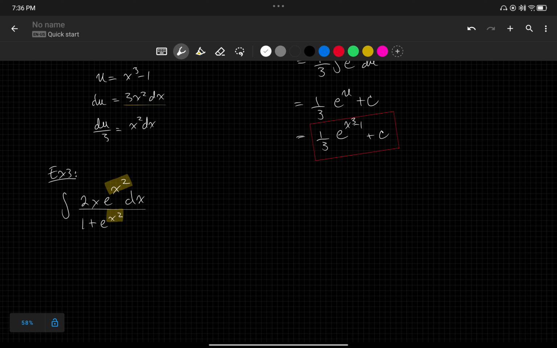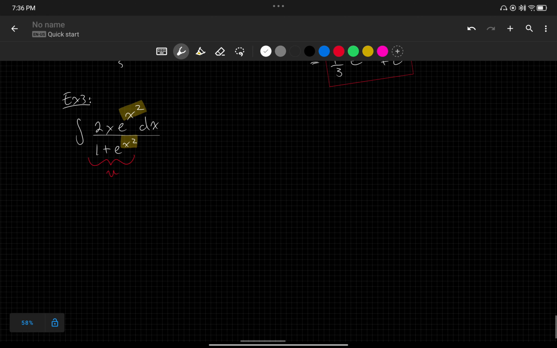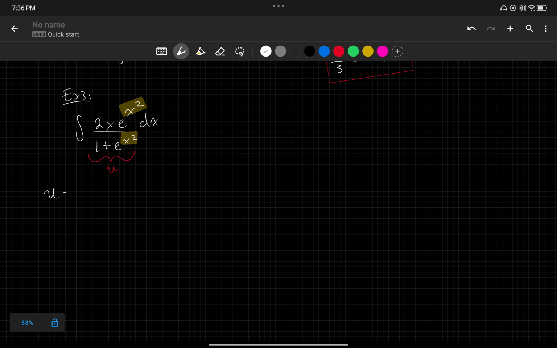So in other words, the whole thing will be all of that as u. And then let's see what happens. Okay, so du. So then when you take the derivative, it's the same thing again, but chain rule kicks in, times the derivative of x squared, 2x dx.